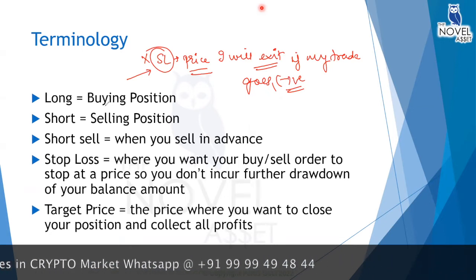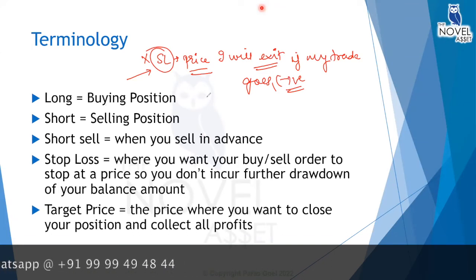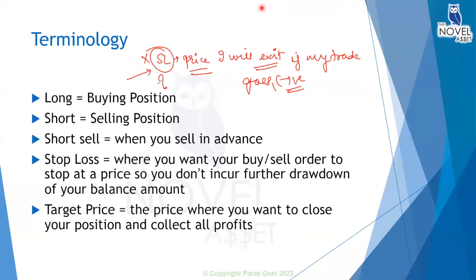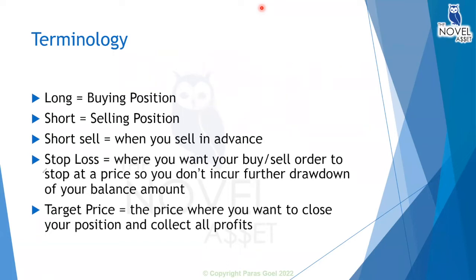Why does this happen? Because they do not get out of the market when the price goes negative. They do not put their stop losses. This is one of the main reasons 90% of traders lose around 100% of their capital in markets. So understand that it is very, very important to put up a stop loss.